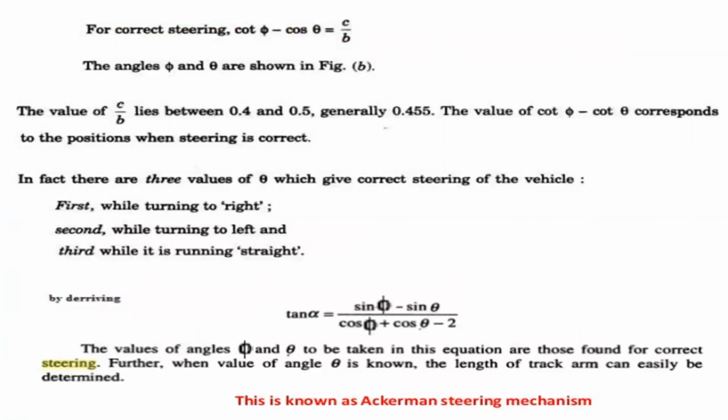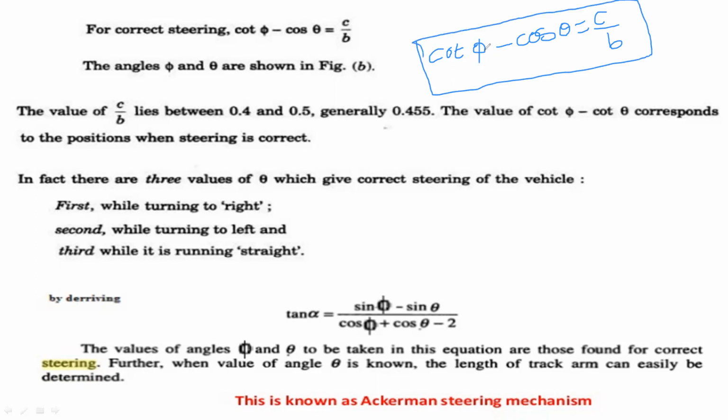For correct steering, cot phi minus cot theta is equal to C by B. So in this mechanism, I can get cot phi minus cot theta is equal to C by B. In this condition, I can get the Ackermann steering diagram.